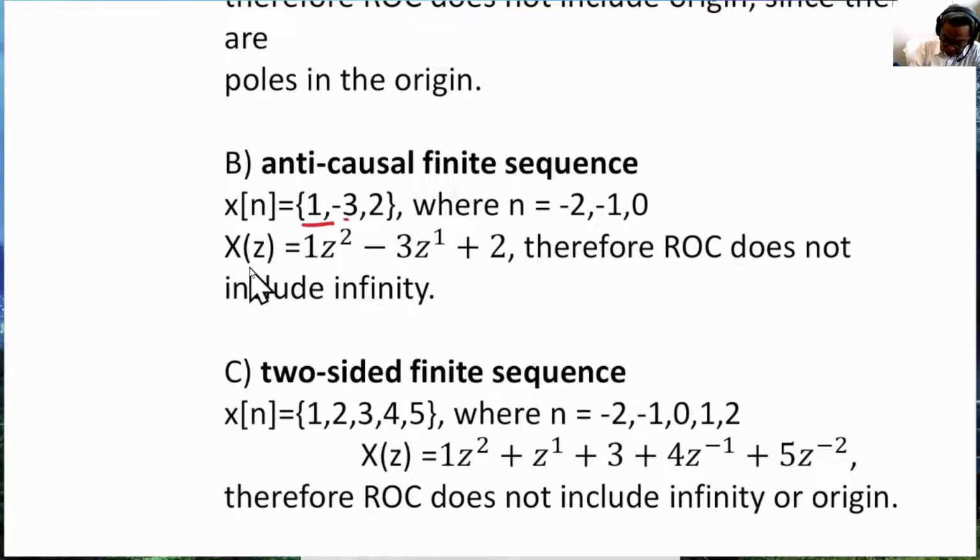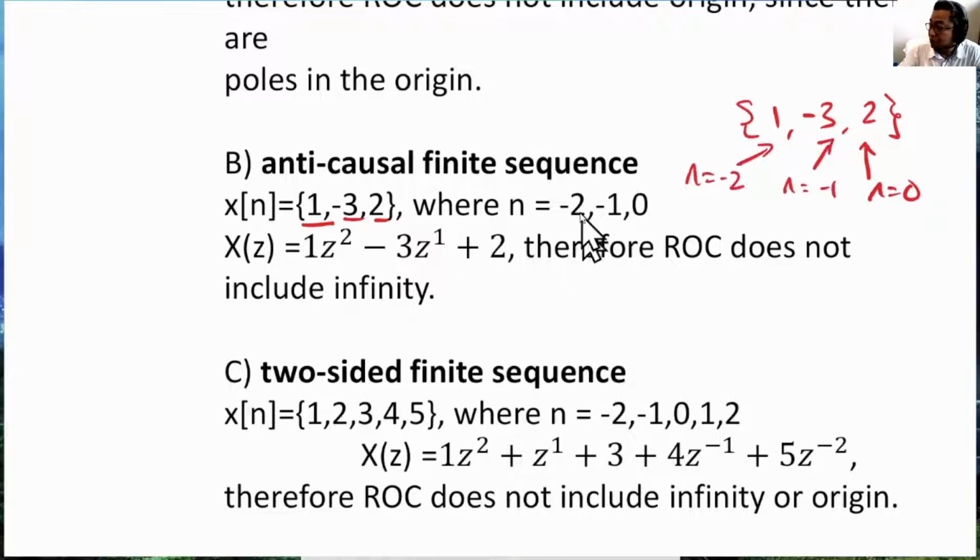We have 1, minus 3, and 2, where n equals 0 here. So this is n equals minus 1. This is n equals minus 2.